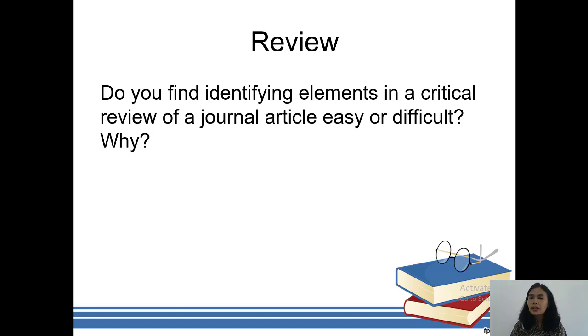Do you find it difficult or easy? If you find it easy, put your reason, and if you find it difficult, give your reason too. For this question, I would like you to post your answer in the YouTube comments. So how do you find identifying the elements in a critical review? Do you find it easy or difficult, and why? That's just a quick review from last week's material.